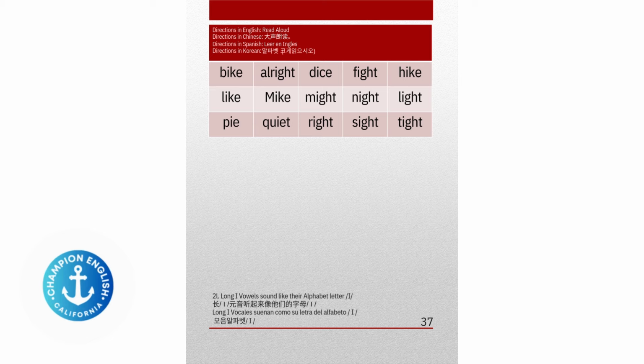N and ite, night. L and ite, light. P and I, pie. Qu and I, quiet. R and I, right. S and I, sight. And last one, T and I, tight. Okay, students, go ahead and pronounce each word out loud by yourself.